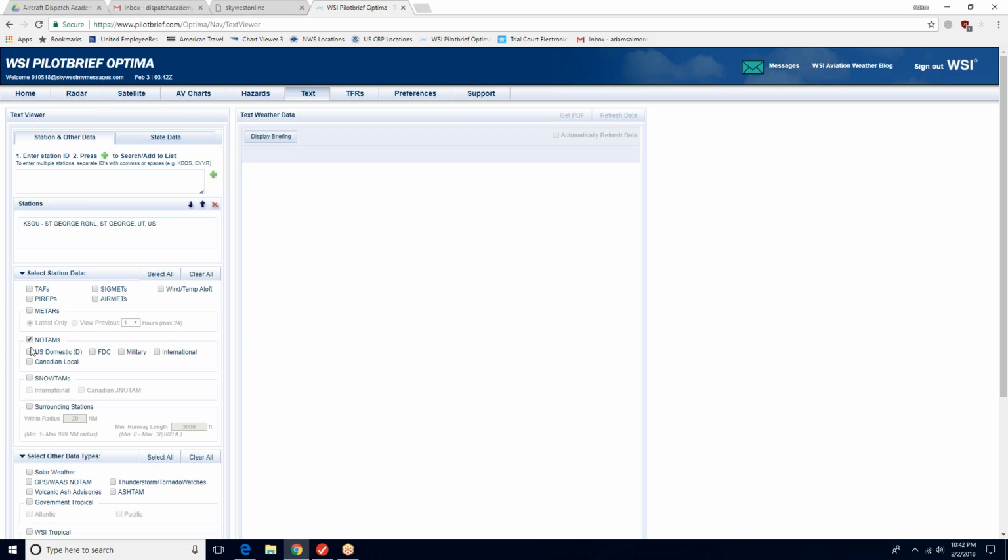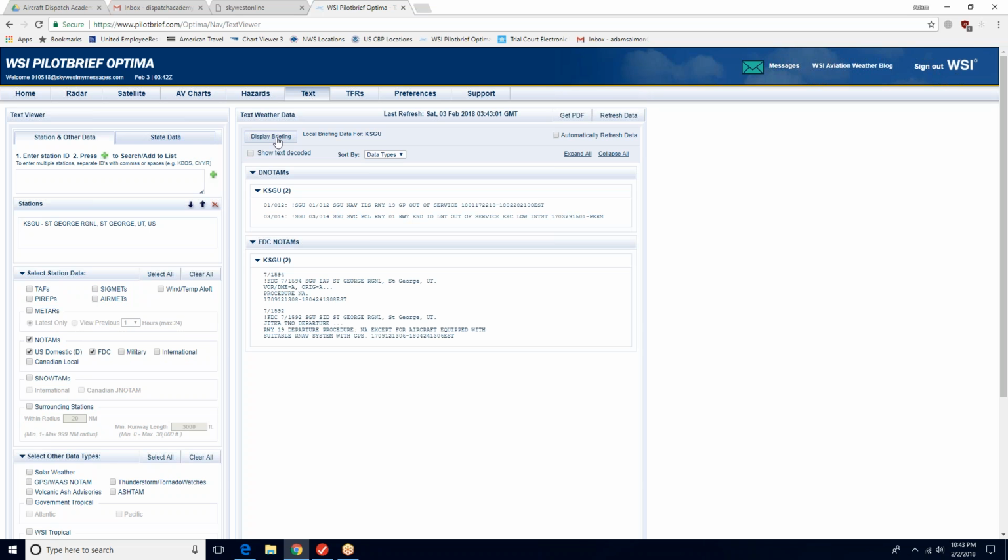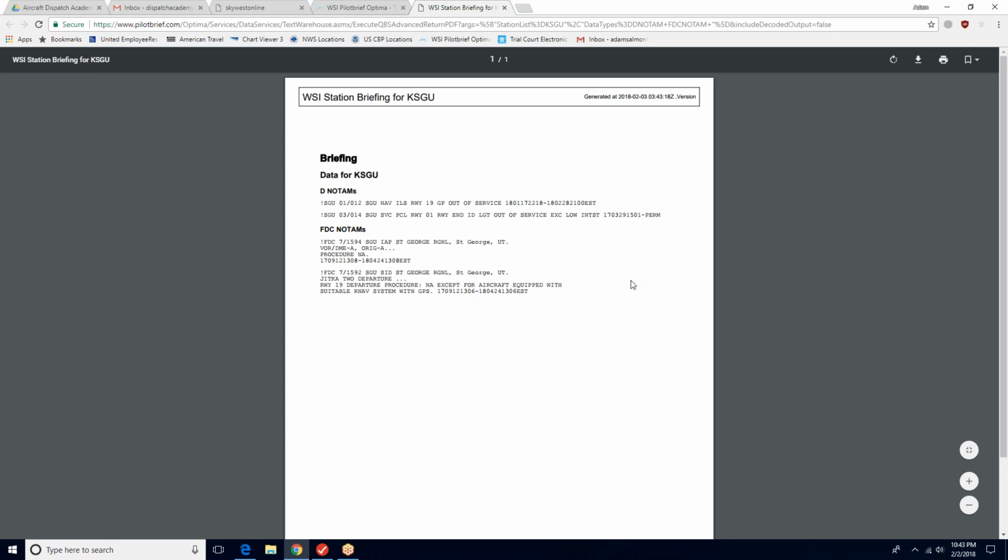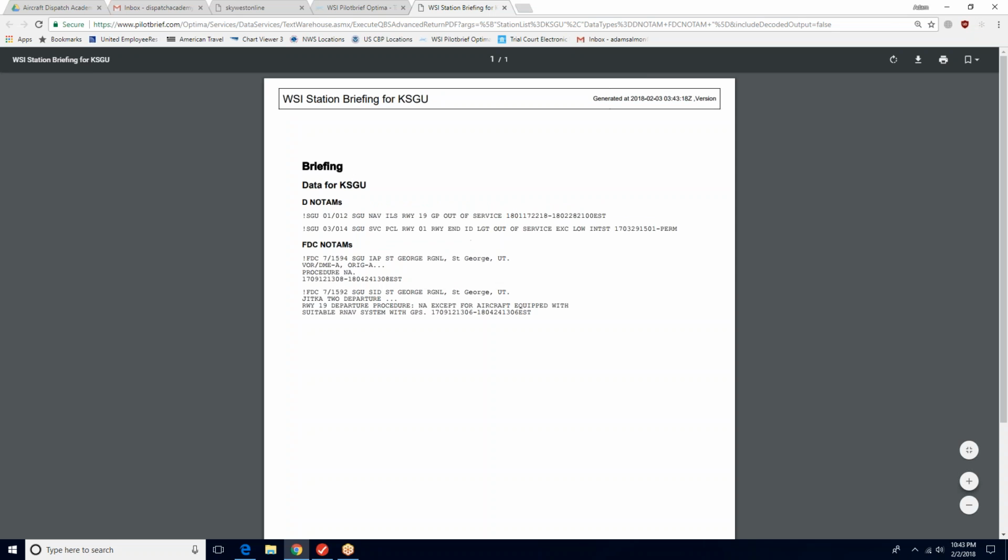Let's see here. I'm going to bring this up into PDF format for us here. We'll zoom in a little bit better. Okay, so I have brought up the NOTAMs for the St. George Airport.